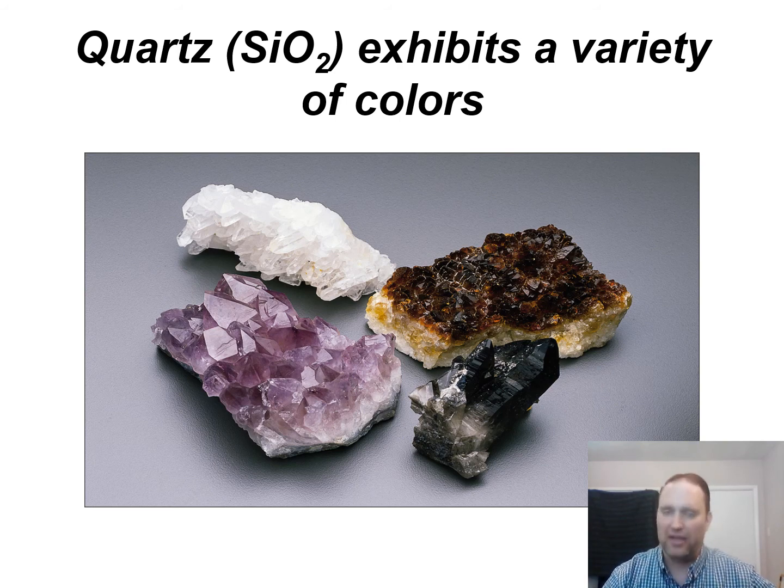Another is with topaz. Out at Topaz Mountain, if you look at any of the topaz you just find on the surface that have already weathered out of the rock, those are all either colorless or white. However, the more valuable color topaz, there's some really interesting pinkish topaz that you can occasionally find out there. You will never find those on the surface because if they are exposed to sunlight for too long, they lose their color.